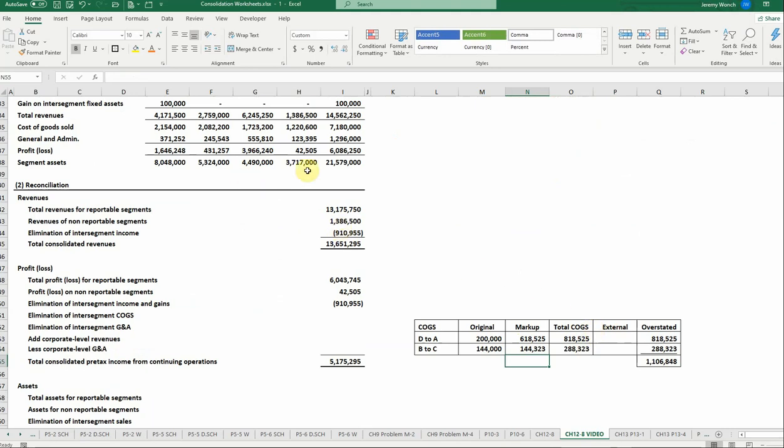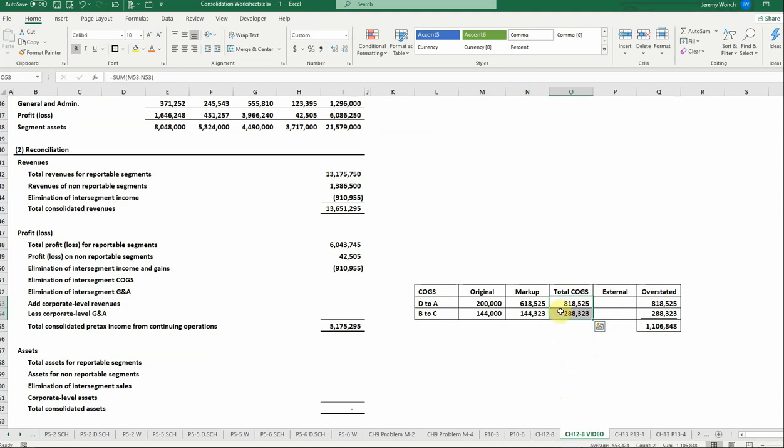So what we have in our cost of goods sold, which shows up right here, is the 7180. We have total cost of goods sold right here. However, part of that is internal, part of it's external. When D sold to A, they sold 100% of it.